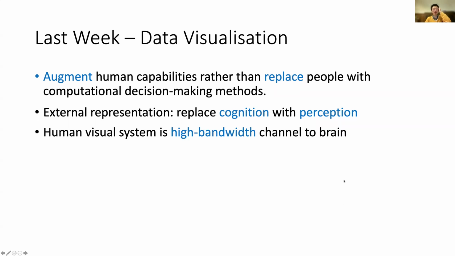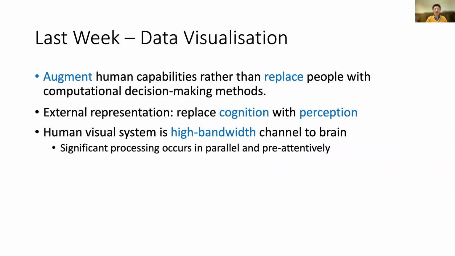Then we talked about why we present data visually rather than using sound, smell or touch: because the human vision system has much higher bandwidth compared to other channels, and the human brain can process visual information much faster.